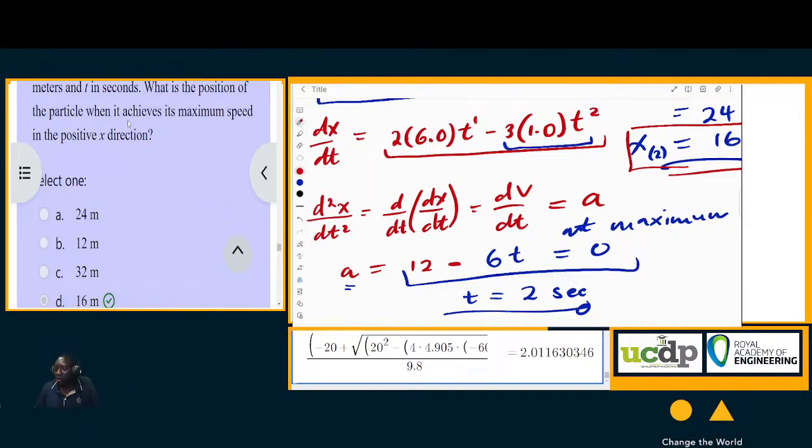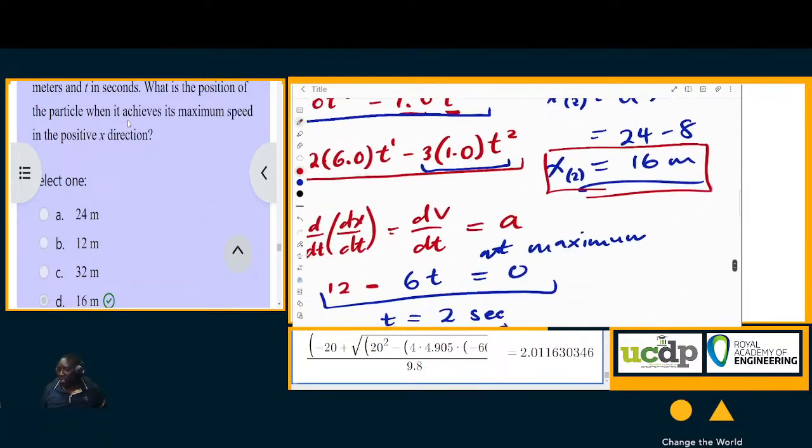If it is to do with the magnitude, then it can be taken as the absolute value of that acceleration without the negative. So initially, when you start, 12 is the maximum you have, and the system might oscillate between 12 and minus 12, depending on the motion with respect to x.